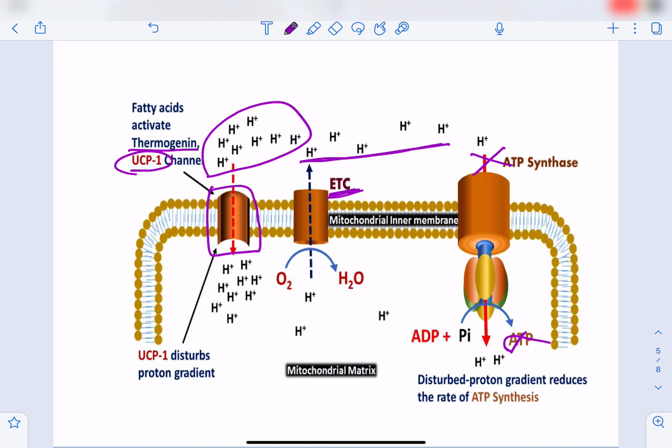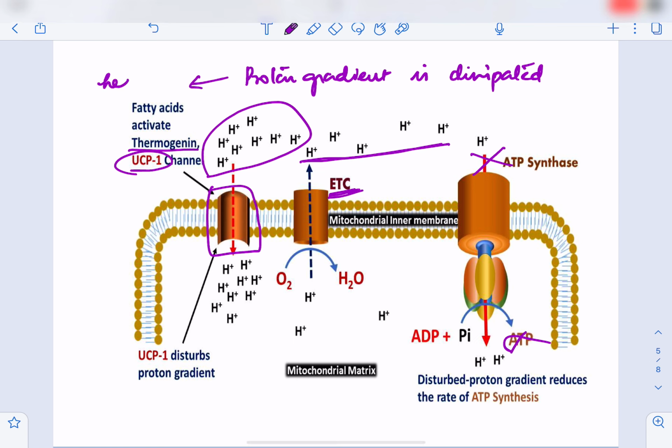So even here the proton gradient is dissipated, and as it is dissipated, the energy is liberated as heat. That is why thermogenin is responsible for non-shivering thermogenesis.